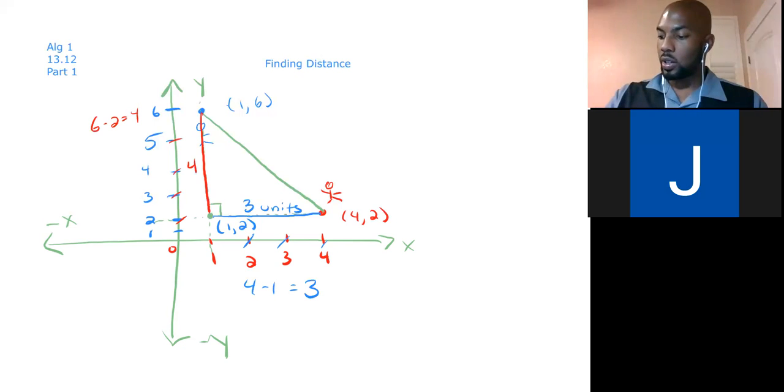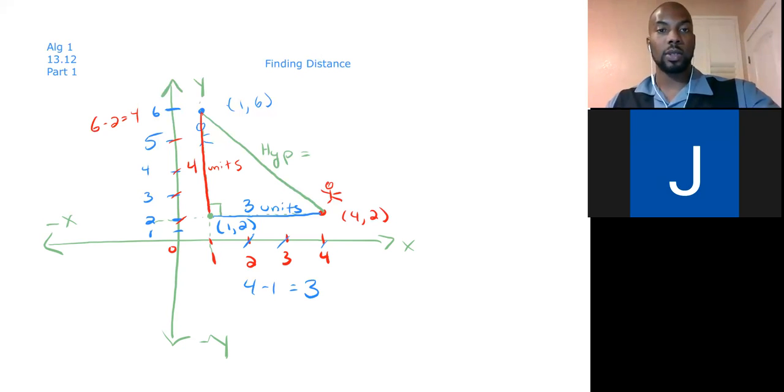All right, so now I know that one of my legs is 3 units, and I know the other one is 4 units. And what I'm trying to figure out, since this is a 90-degree triangle, is my hypotenuse, which is going to be the distance between you and your friend, okay?